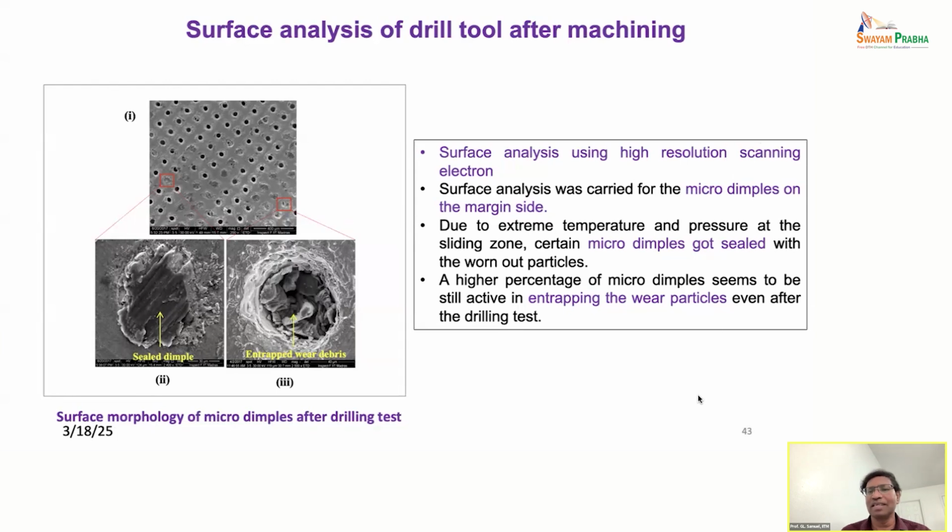Thus they entrap the debris and that makes it better. Otherwise, this debris would have rubbed with the machined surface and would have spoiled the surface finish. So indirectly we are also getting a better surface finish by doing the texturing.